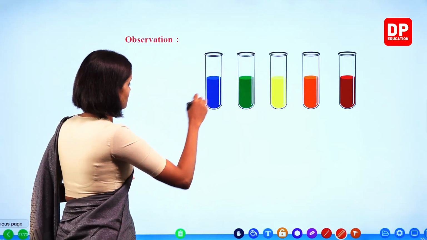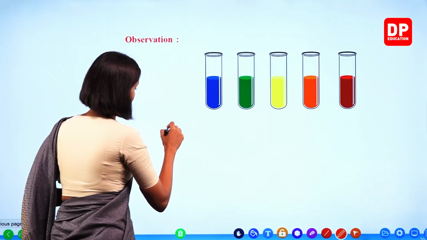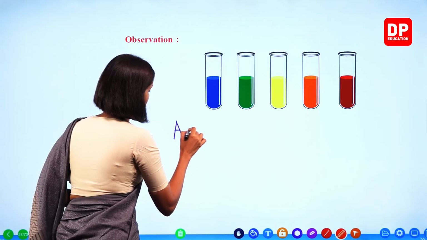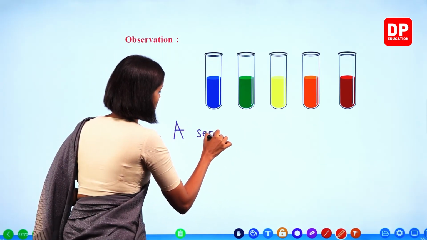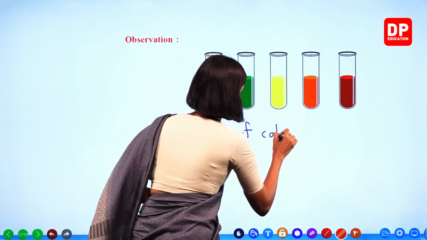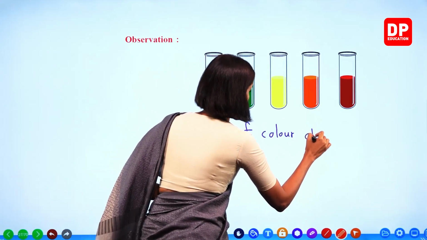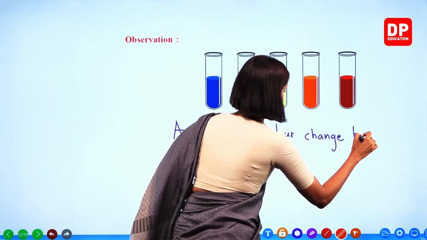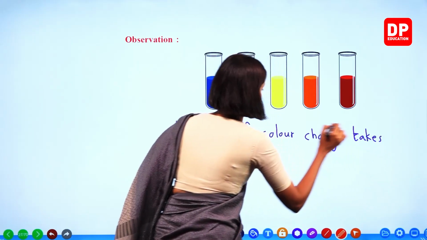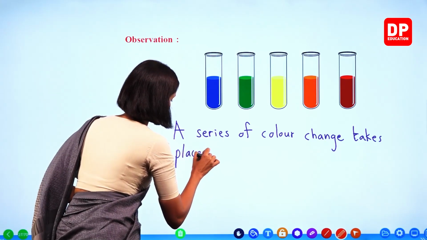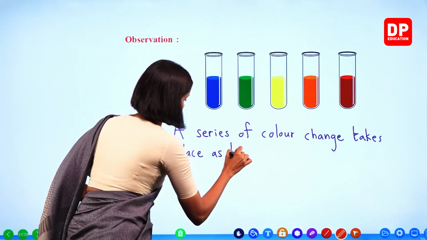We will write down here a series of color change. Series of color change takes place as below.